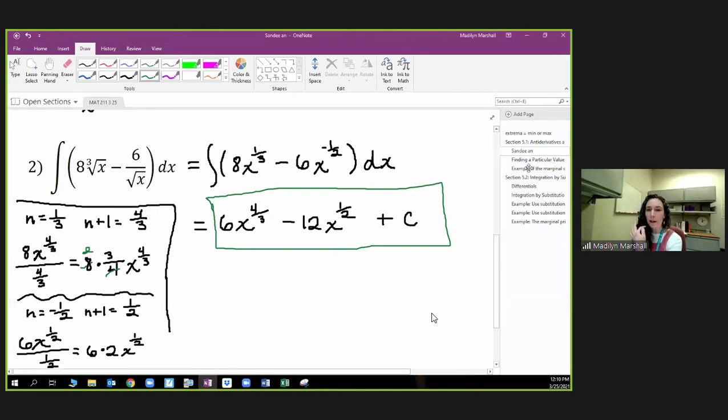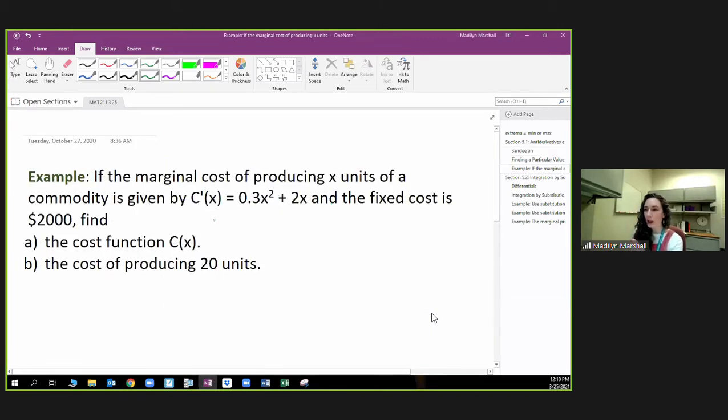If you have finished that one, I'm putting up one word problem that you can start looking at. But if you haven't finished this one or you haven't quite gotten it right, continue working on that internet problem.